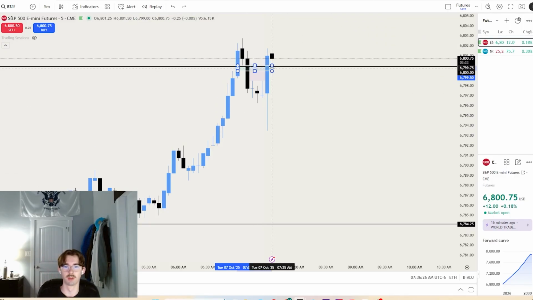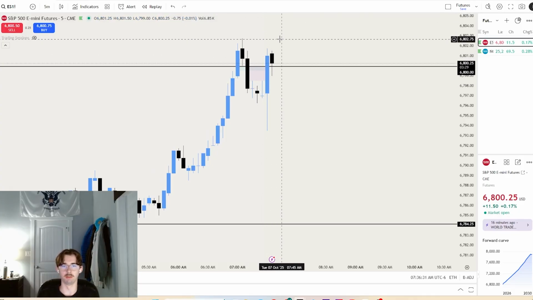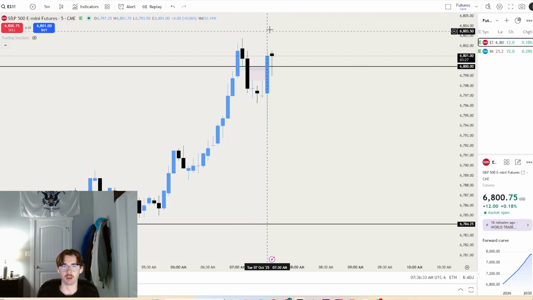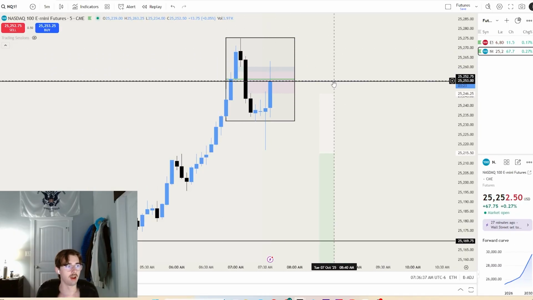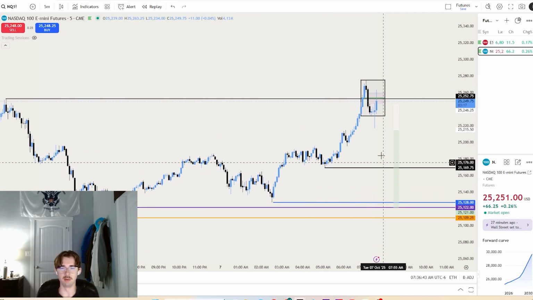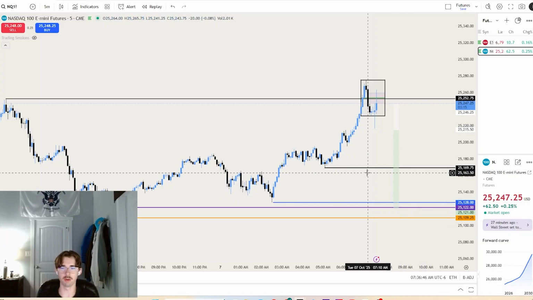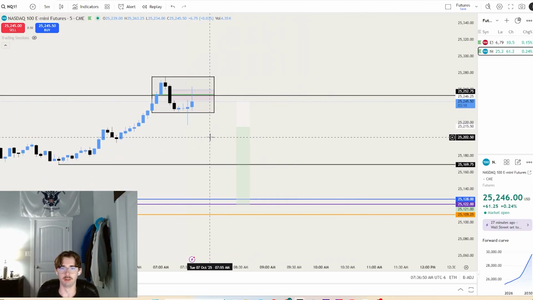So what I would love to see is ES come and manipulate this pre-market high before my SMT with NQ leading it, obviously. And then we could take that down. Probably maybe this low resistance stuff. Maybe ride it all the way out down here, but this is a really good price target on NQ.